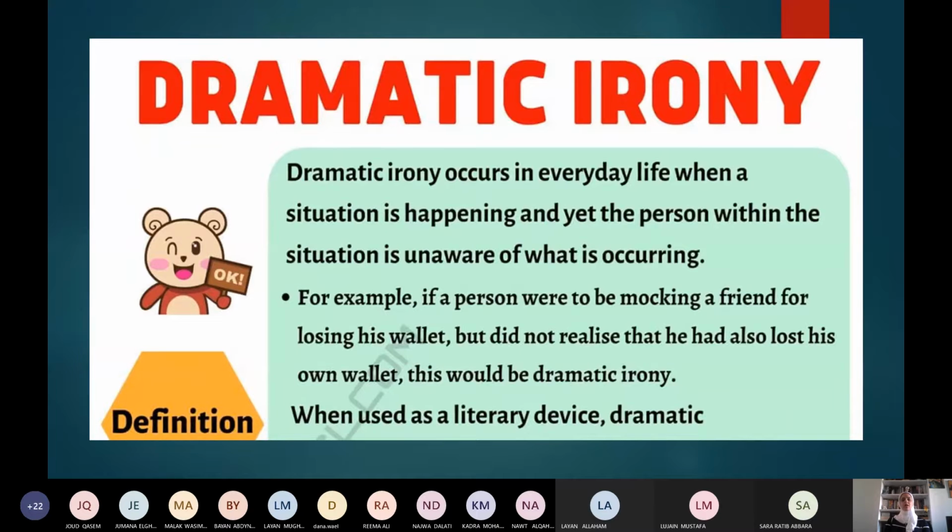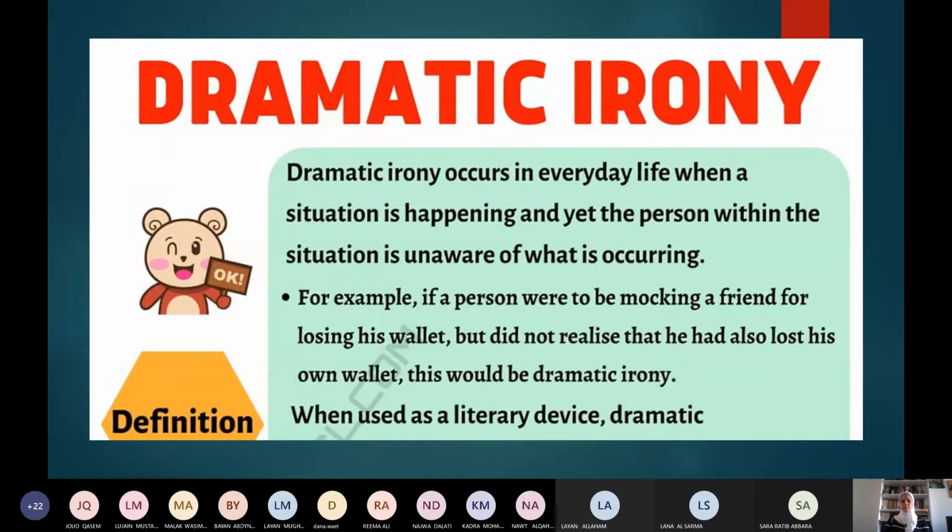Dramatic irony. Lana, read. Dramatic irony occurs in everyday life when a situation is happening and yet the person within the situation is unaware of what is occurring.